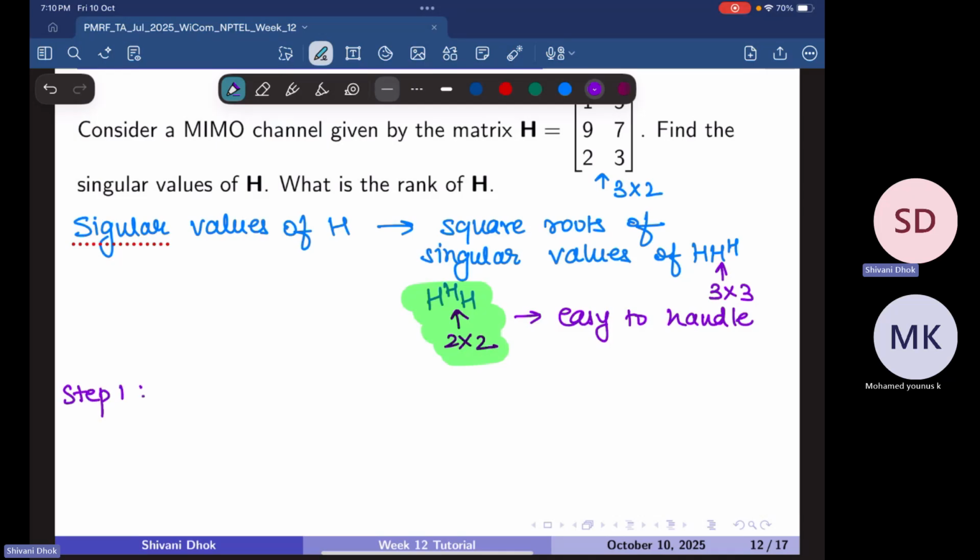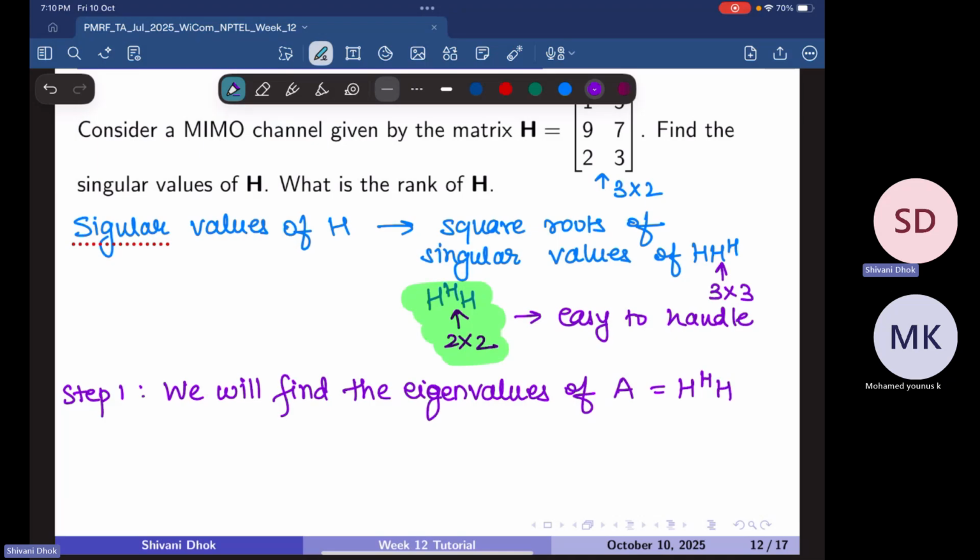Step 1, we will find out the eigenvalues of the matrix A equal to H Hermitian H. Okay.